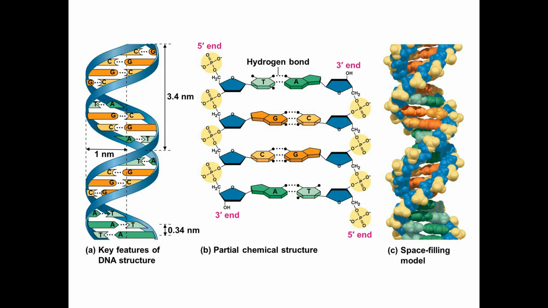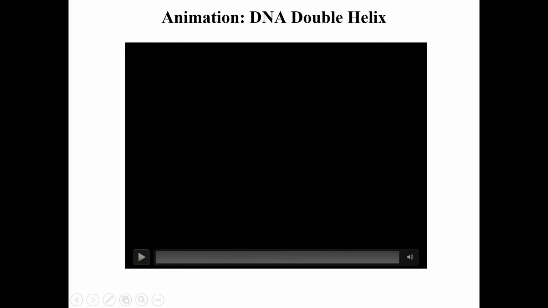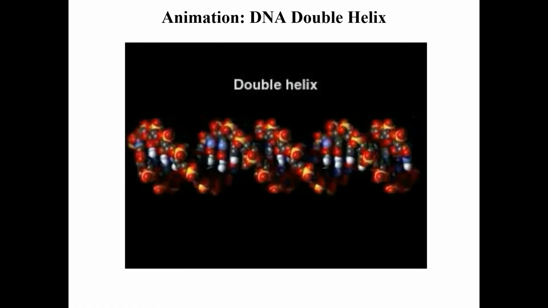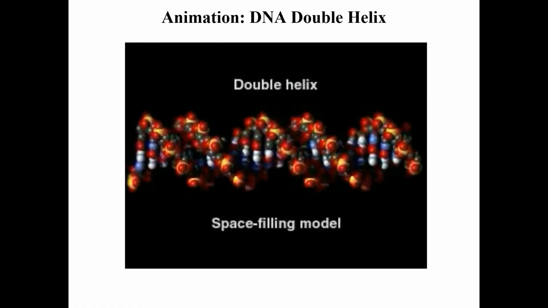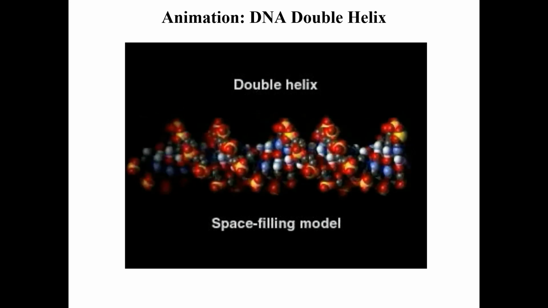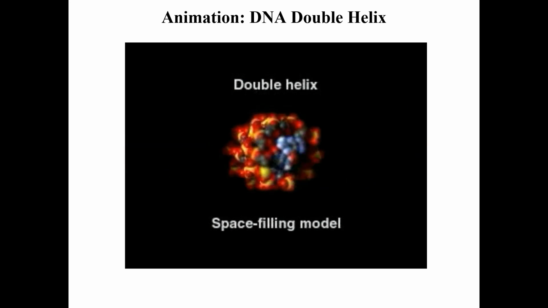Alright, here's another image showing you the helical nature of DNA and hydrogen bonding. DNA consists of two complementary strands of nucleotides twisted together to form a double helix. In this space-filling model, each atom is represented by a small sphere.